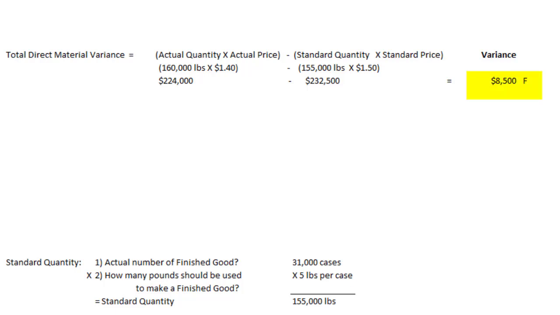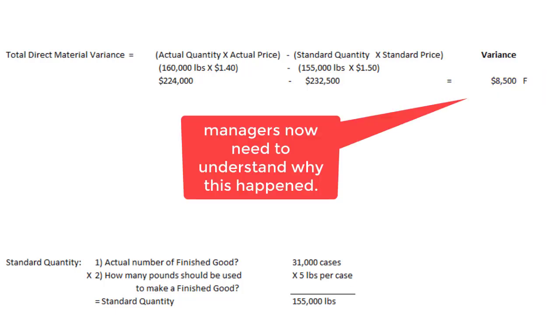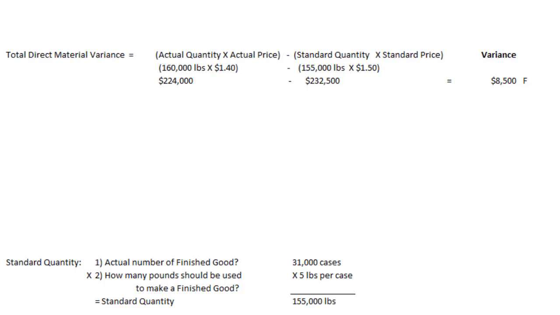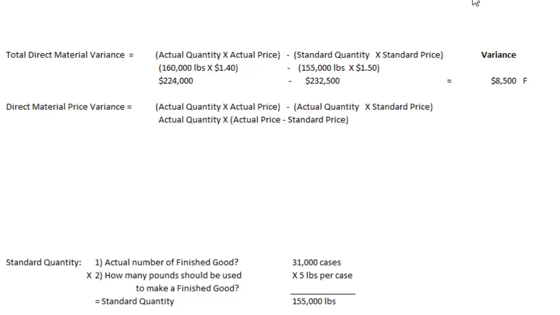Why is the variance favorable? Well, it's either because we were efficient with the use of potatoes, or we got the potatoes at a really good price, or a combination of the two. So we're going to break this down and look at the material price and material quantity variance. First, looking at the direct material price variance. We're using the same variables from above, just in a different order.